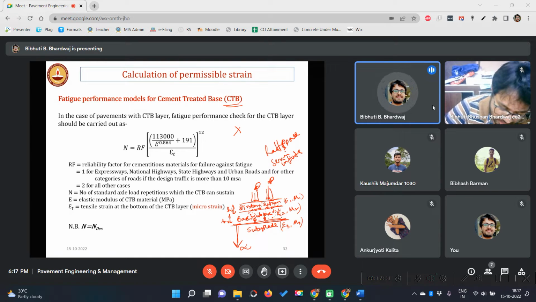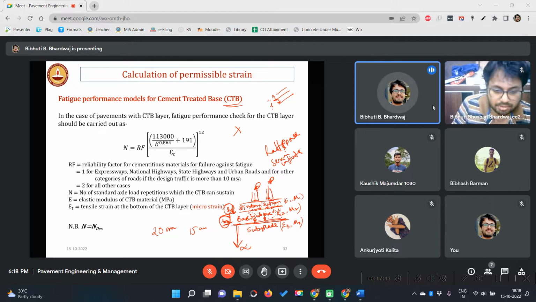Okay, so basically we need to find out what is the value of H1, H2. That is called design, right? In our first lecture only we discussed that designing a pavement means finding out the required thickness of different layers. So how much should be H1, how much should be H2, we need to find out accurately, because if you underestimate the thickness, that means if the required thickness is like 20 centimeter and you provide only 15 centimeter, then the pavement will fail.